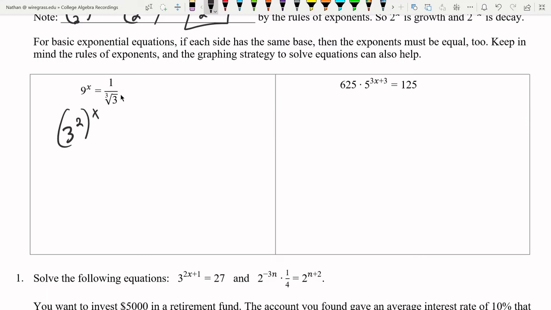And this one, well, the cube root of 3 is the same thing as 3 to the 1/3 power. And we have a reciprocal here, so I can flip it by giving it a negative exponent. So 3 to the negative 1/3. And I like this because now I have 3 on both sides as a base.